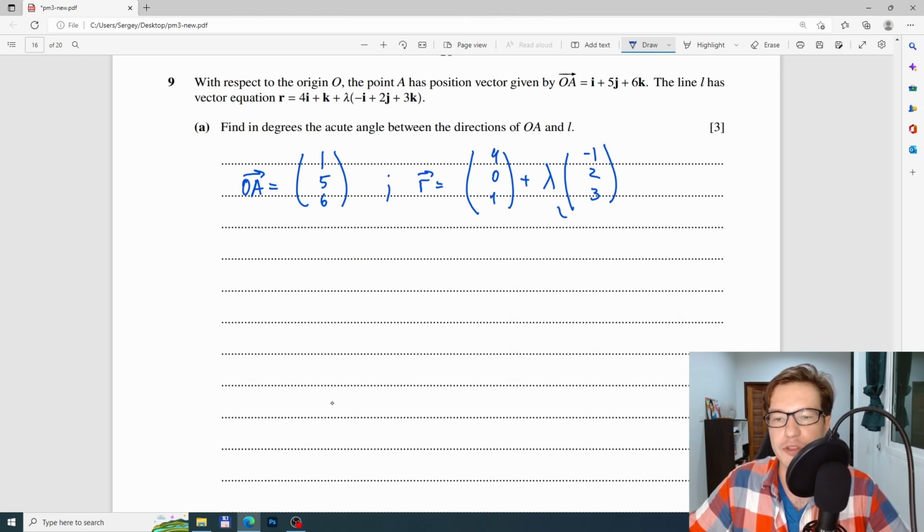And this vector is going to be the direction vector of the line, and that vector OA is going to be vector A. Okay, so now I'm looking for the angle between directions of OA and L.